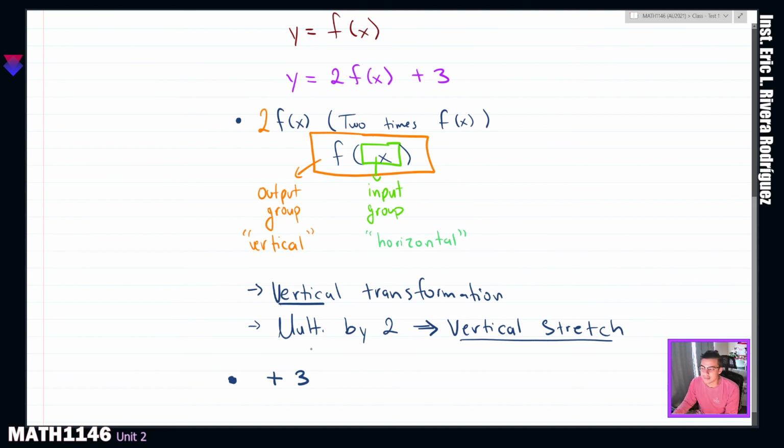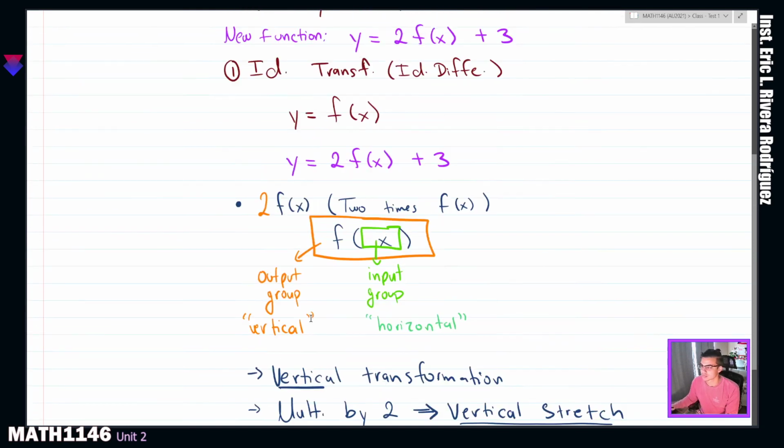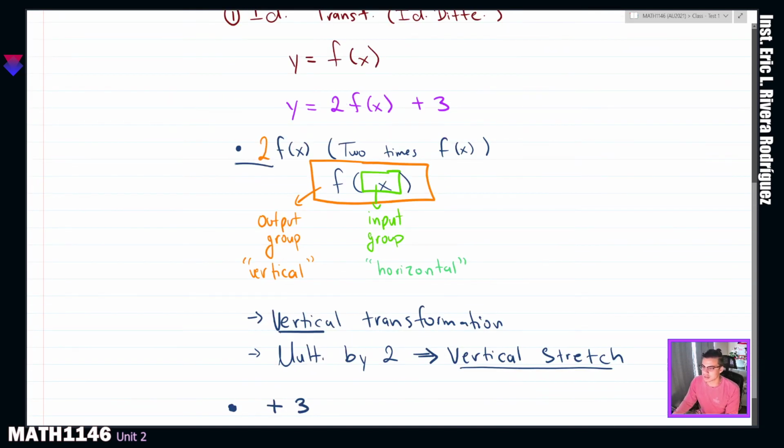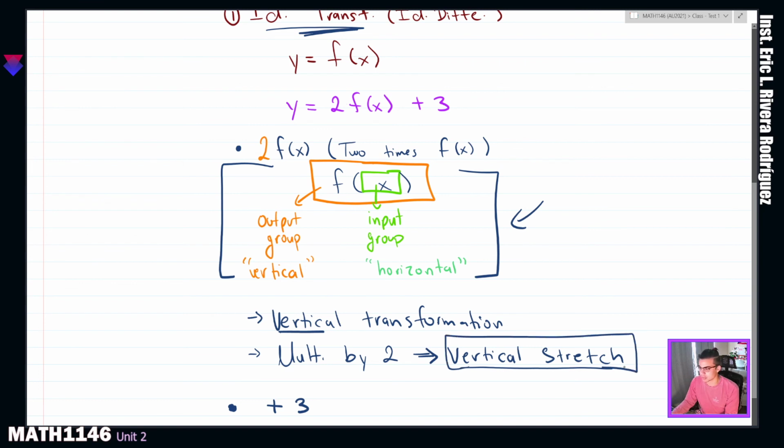And good question, Amanda. This part here is something that I just put to show the type of transformation that we have here. But you can omit this. If you need to answer or to identify transformations, just vertical stretch.